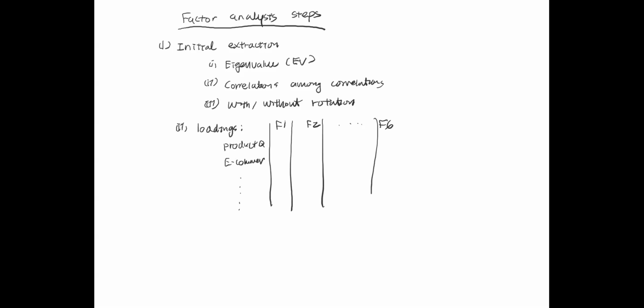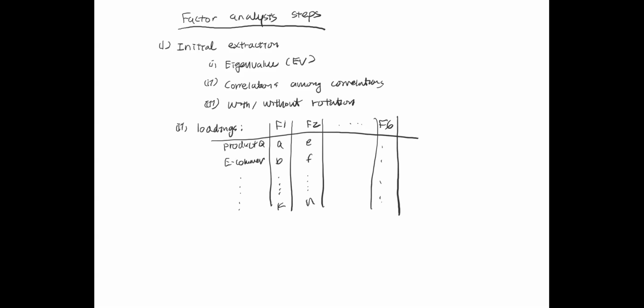This is how the factor loading matrix looks like, with the factor loading values here. This is the actual number, but I will just write letters here, A, B, and E, F, and things like that.